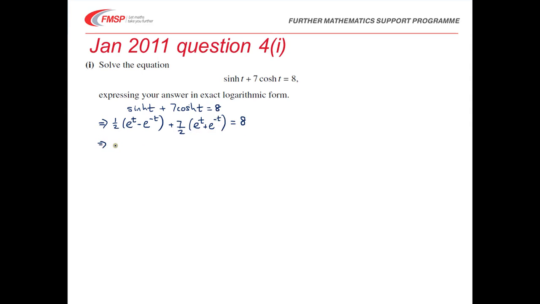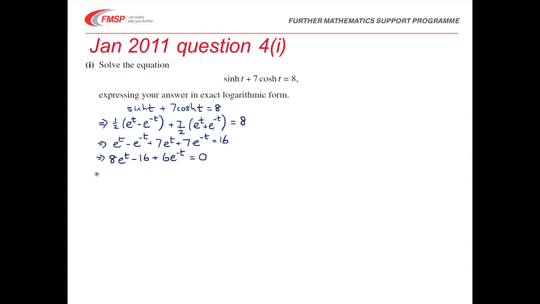So multiplying through by 2, e to the t minus e to the minus t plus 7 e to the t plus 7 e to the minus t equals 16. So 8 e to the t minus 16 plus 6 e to the minus t equals 0.